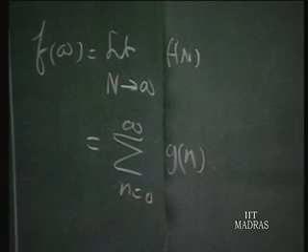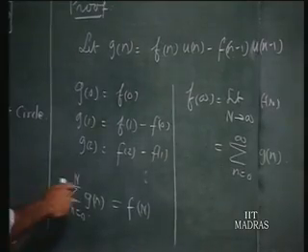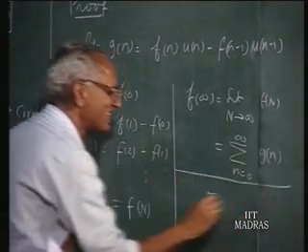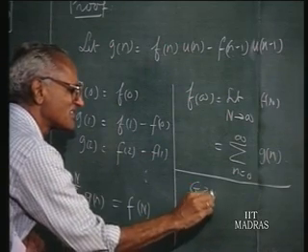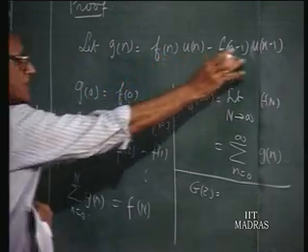Now let us see how we relate f(infinity) to the Z transform of f[n]. From this definition of g[n], it's clear that G(z), the Z transform of that, will be the Z transform of the first term minus the Z transform of the second.